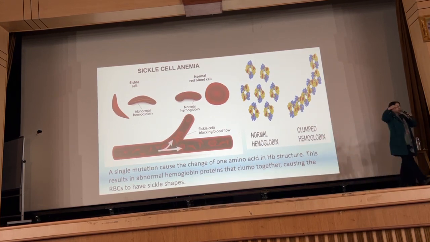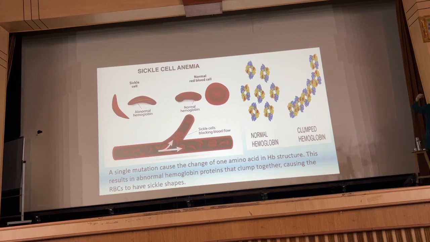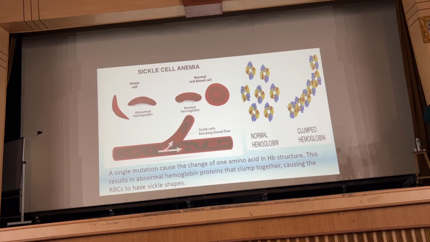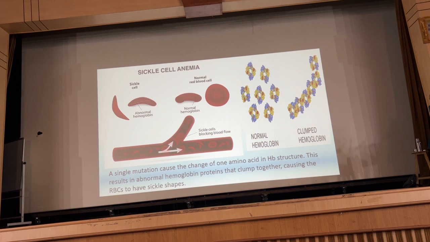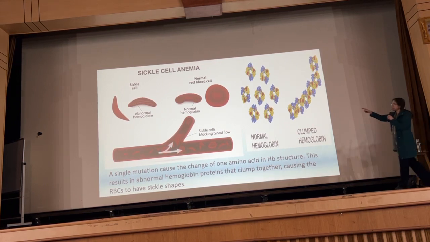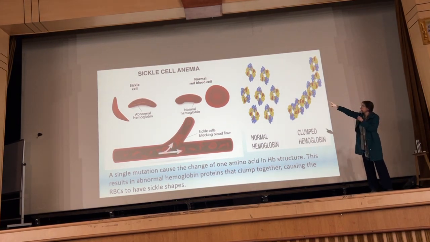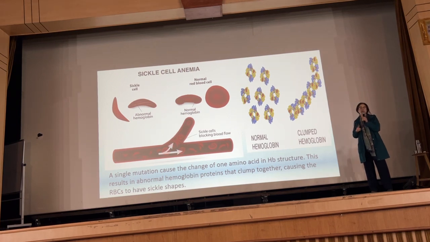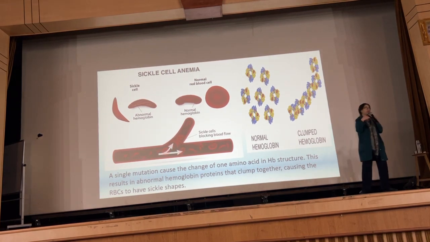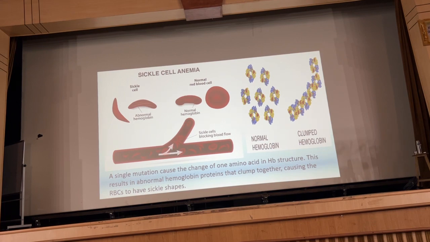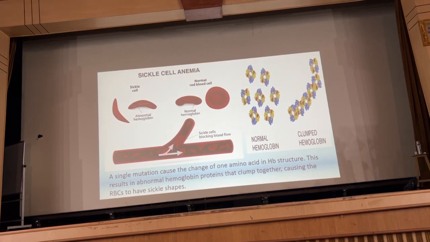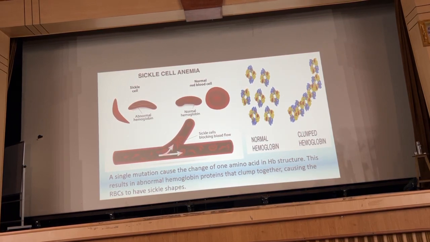The long chains will have this sickle shape, and because all the hemoglobin molecules in the RBC will make these chains, it will affect the entire final shape of the RBC. So the RBCs will have this sickle shape rather than the normal spherical biconcave shape. And of course, it will affect their movement in narrow tubing, not circulation. It will cause them to block the blood flow and so on.